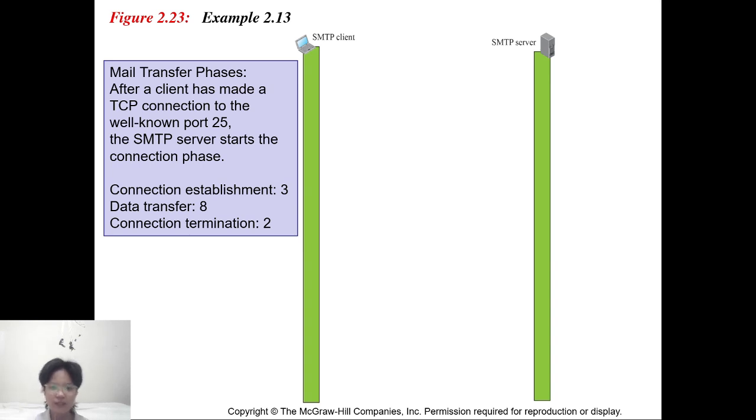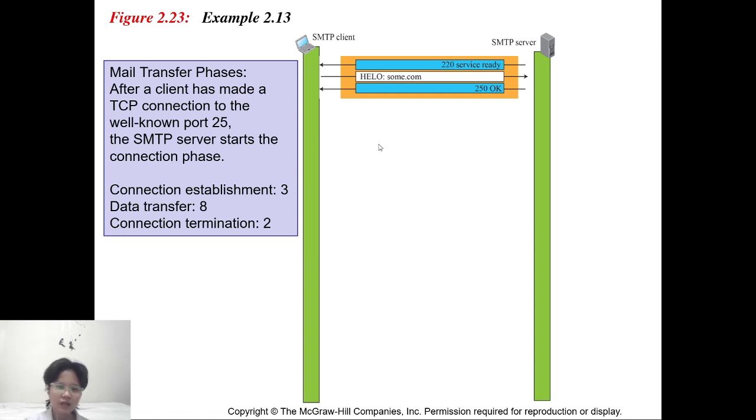We have two sides again, SMTP client and SMTP server. You can see how it responds and how to request between client and server. The server says 220 service ready, and the client responds hello some.com, and then the server sends 250 okay.